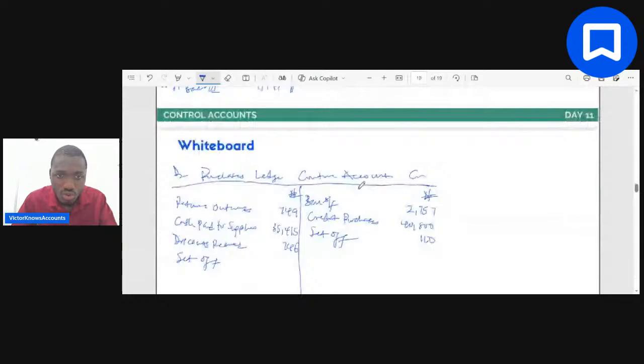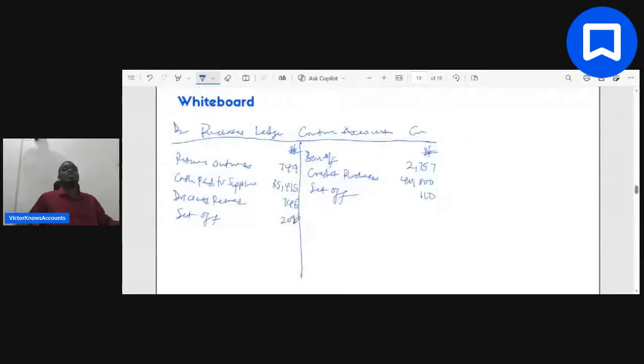It said 209. The thing about set off is that it affects both the purchases ledger control account and the sales ledger control account. Do you understand that? That's the way set off works.